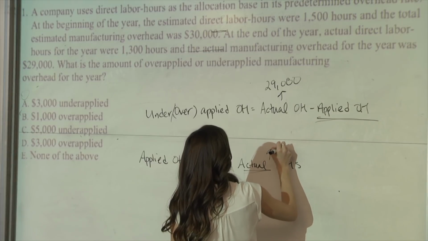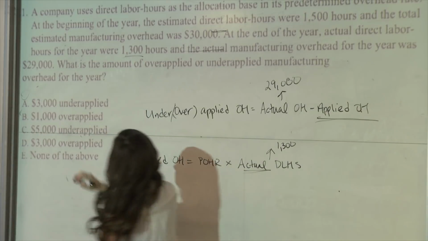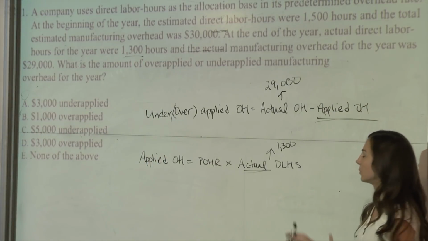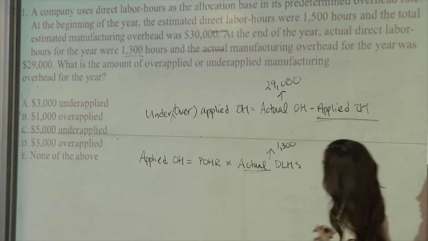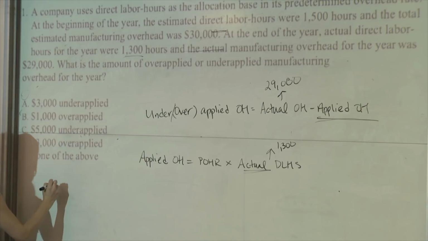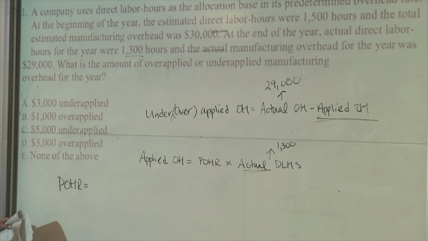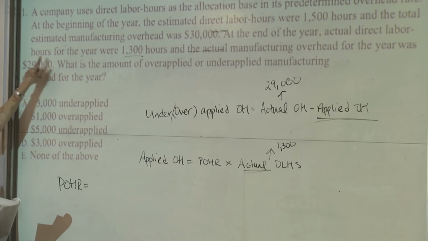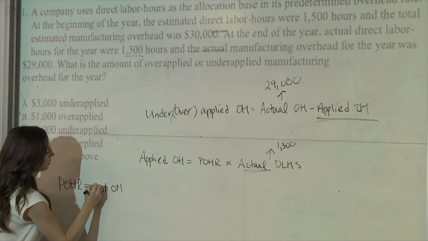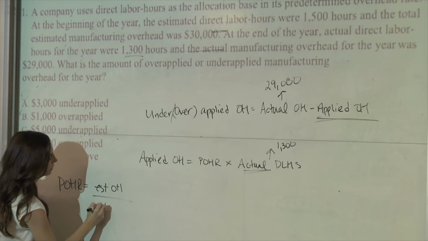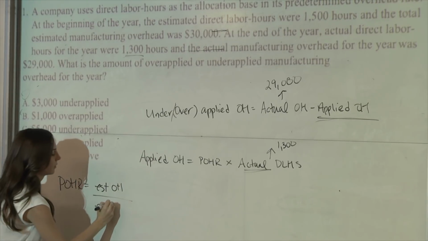It's given. 1,300 hours. We don't know our predetermined overhead rate, but that's easy to calculate. So predetermined overhead rate is always our estimated manufacturing overhead over our estimated allocation base. In this case, it's direct labor hours.